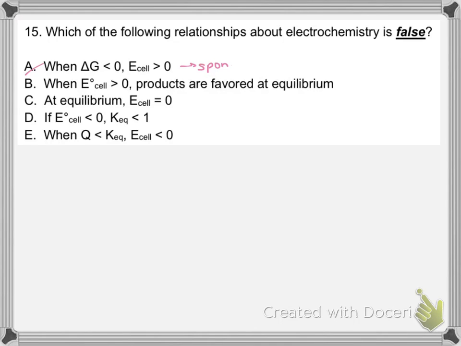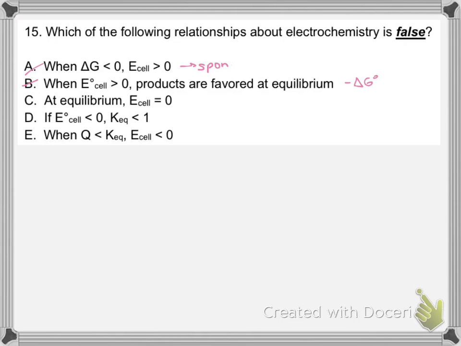And B, it says when the standard cell potential is positive, products are favored at equilibrium, and that's going to be true. We can think of this kind of as saying if we have a negative delta G standard, we say that products are favored at equilibrium because we're spontaneously going more toward products.